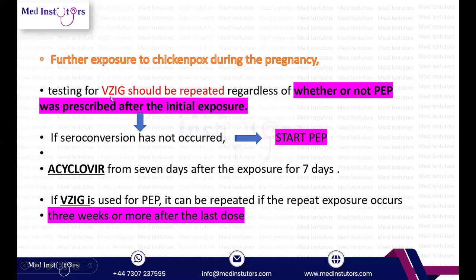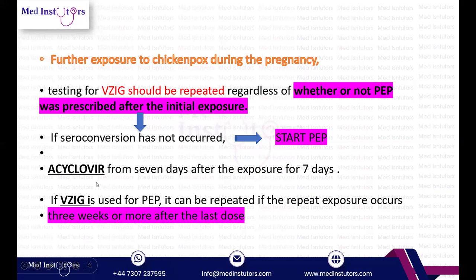Okay, so here testing for varicella zoster IgG should be repeated regardless of whether or not the PAP was prescribed after the initial exposure. Check whether she has got a seroconversion or not. If there's no seroconversion, then start PAP. Again we have to give her post-exposure prophylaxis, and the dose of the acyclovir oral tablets is the same.